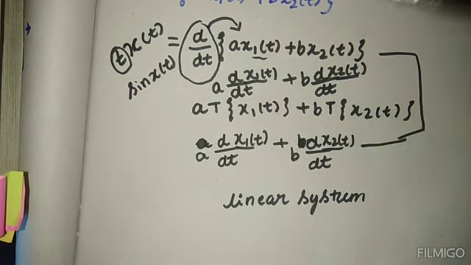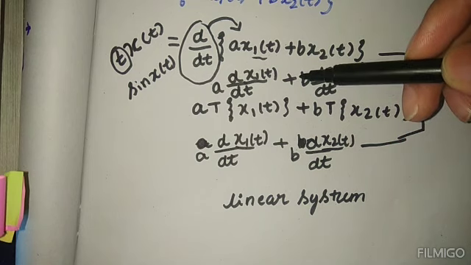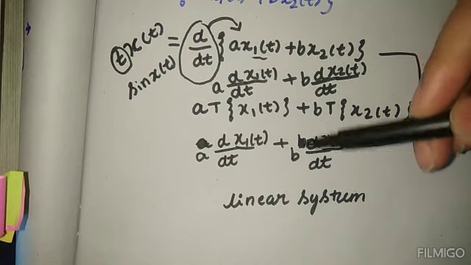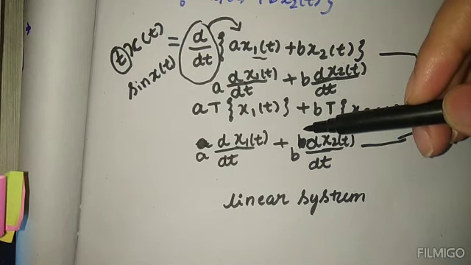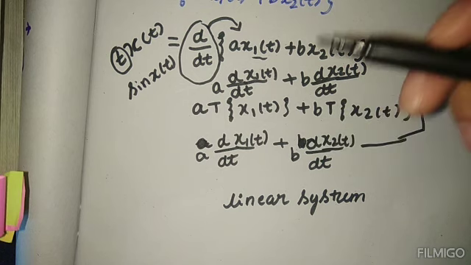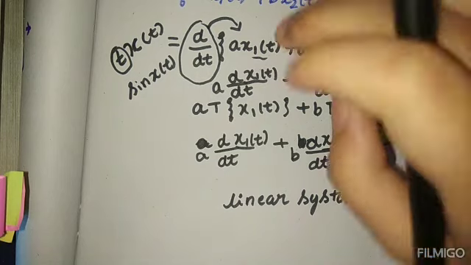So we can see that the whole transformation of a x1 of t plus b x2 of t, and a times the transformation of x1 of t plus b times the transformation of x2 of t, are the same, right? That is why I say it is a linear system. I guess you got it.